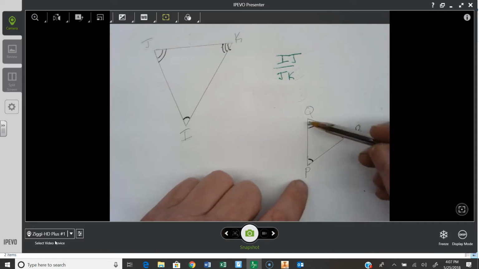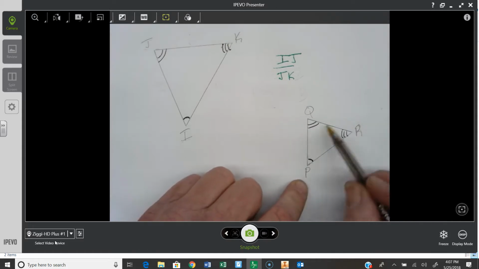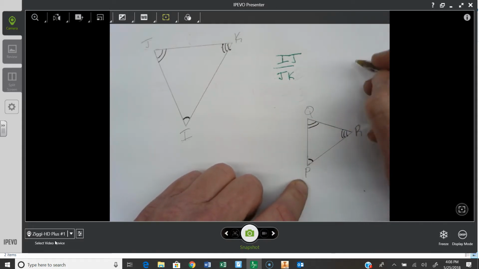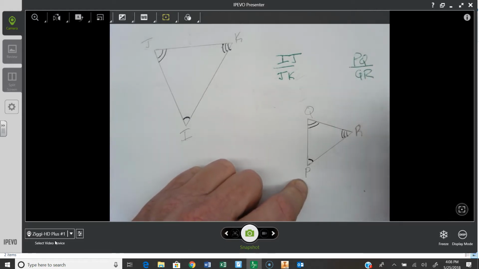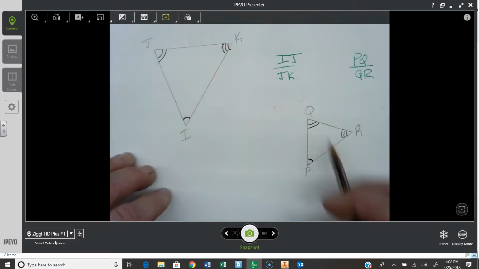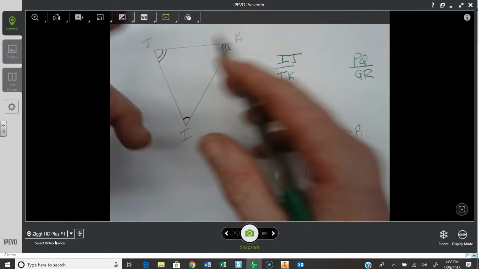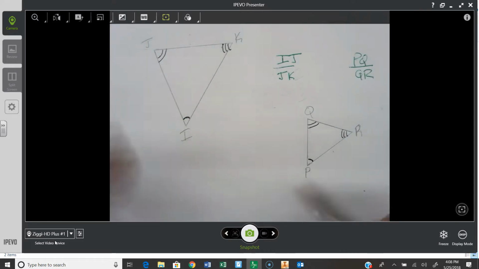That ratio should be the same as the ratio between PQ and QR. We call these similar triangles. They're very similar in shape. In fact, they're identical in shape, but different in scale. One's bigger than the other. But those ratios should stay the same.